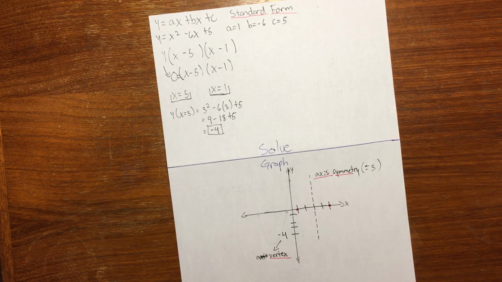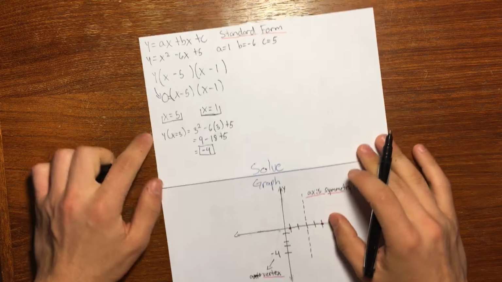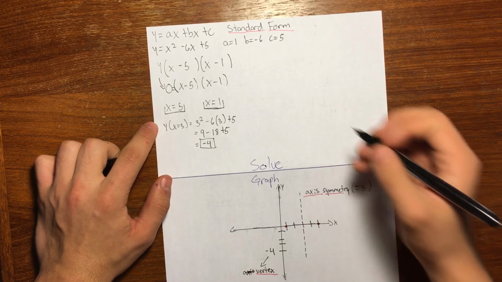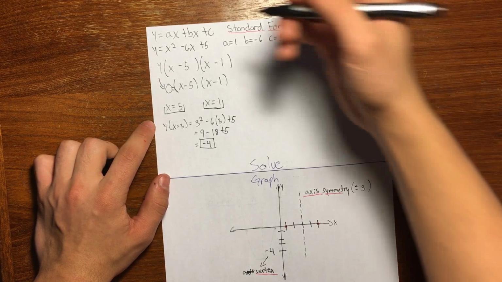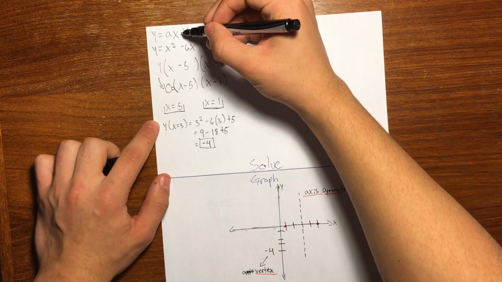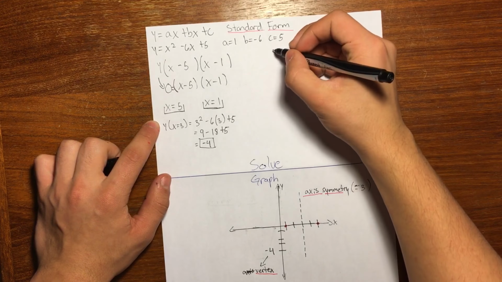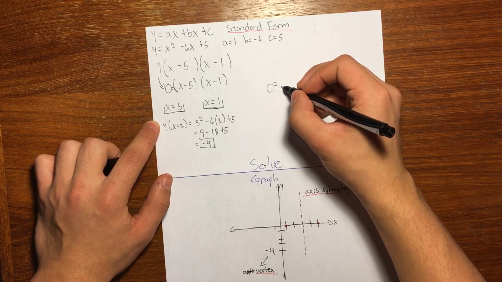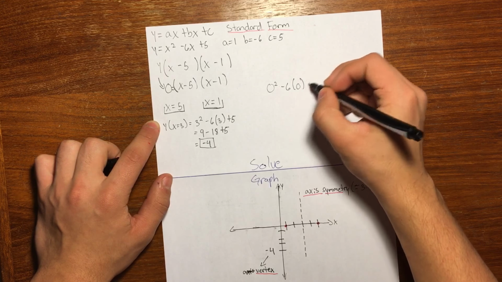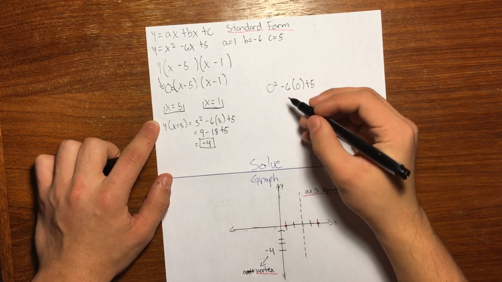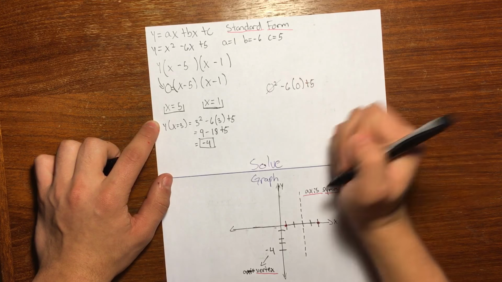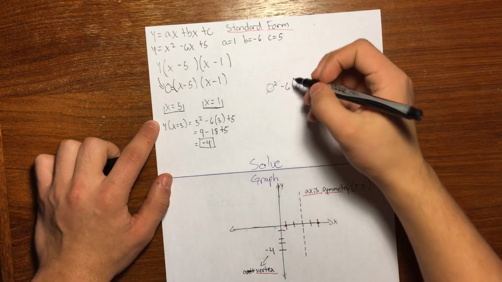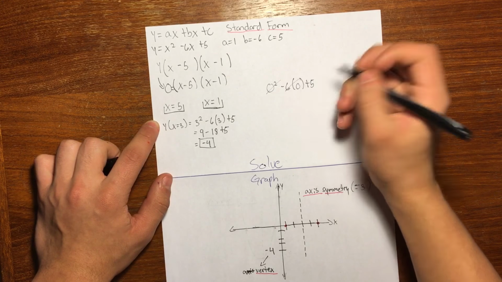The parabola is going to be intercepting the y-axis, and we have to find that number. Here's the formula for that. All you have to do is, instead of an x, you're going to have a 0. So it's going to be 0 squared minus 6 times 0 plus 5. 0 times 0 cancels, so it'll be a 0, and then negative 6 times 0 also becomes a 0.